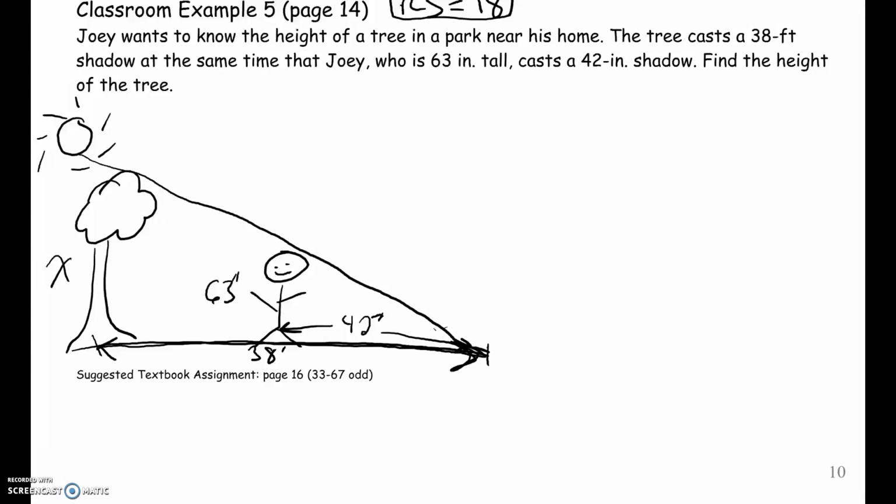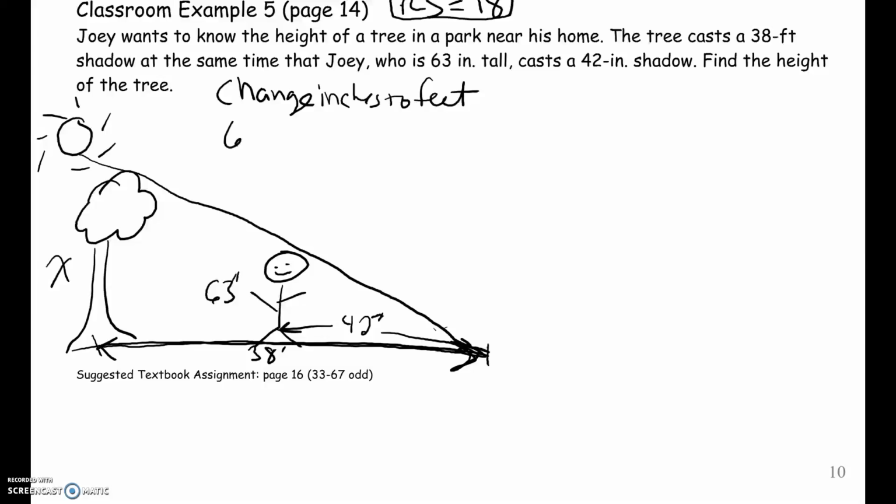Uh-oh, wait, these are different units. Joey's dimensions are given in inches, and the tree's dimensions are given in feet. I'm probably going to want the tree in feet, so let's first change inches to feet. To do that, I'm going to use a unit fraction.